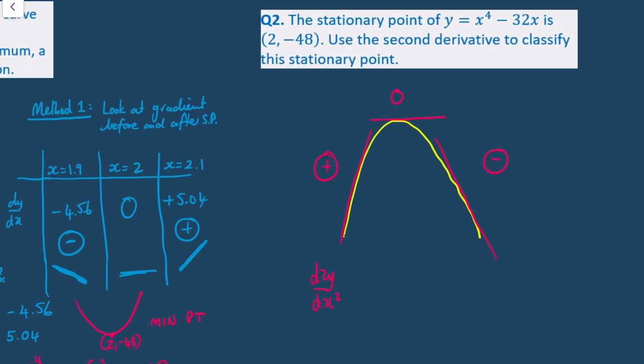So if the second derivative is positive, that means the gradient is increasing. If the second derivative is negative, then the gradient is decreasing.